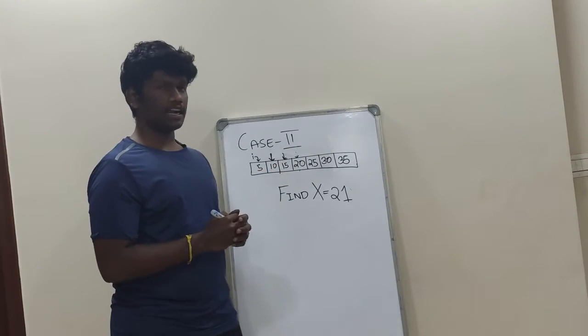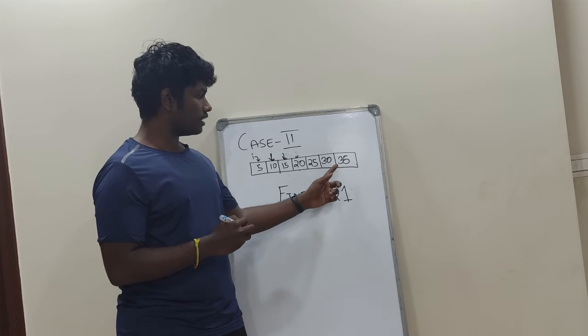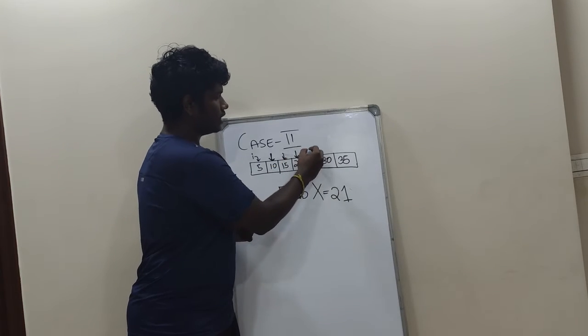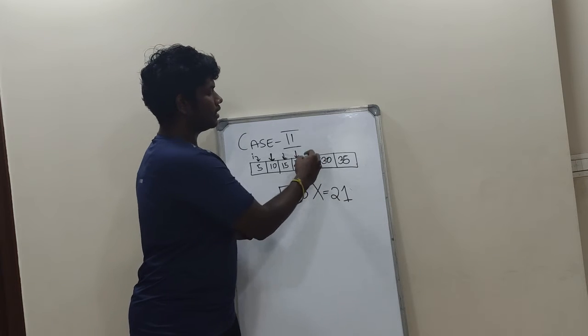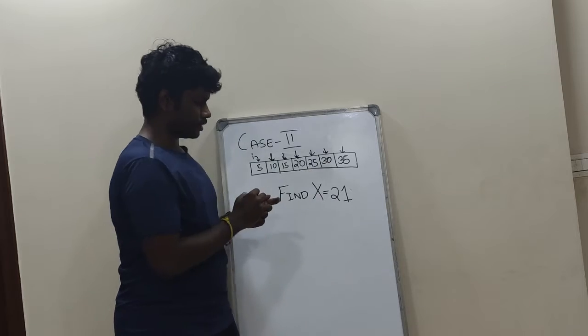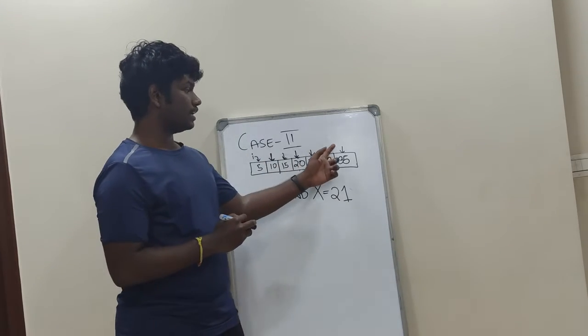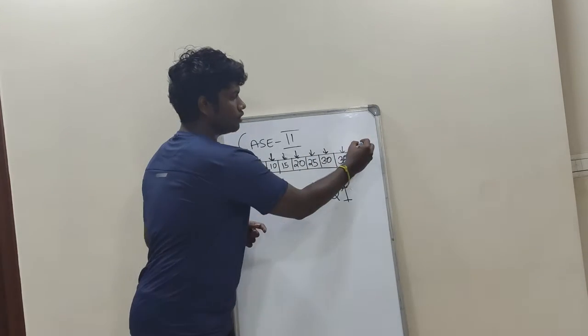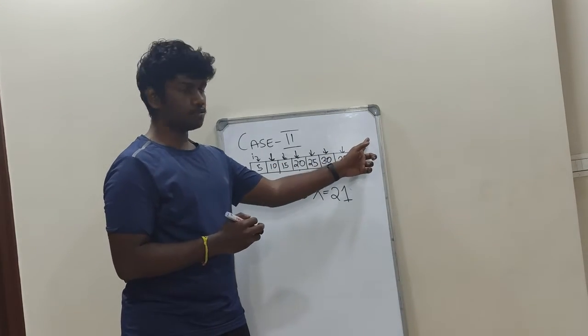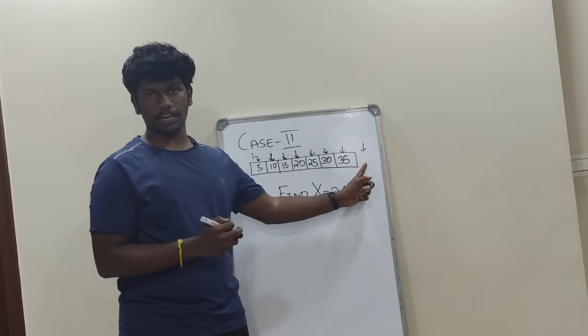Similarly, I'll be doing that until the array ends. So I'll try to find here, it's not there, then I'll again increment it by 1, then again I'll increment it by 1, and then finally I will increment it by 1. Now, since on incrementing I, which will point to this location, the I counter is greater than the length of the array.